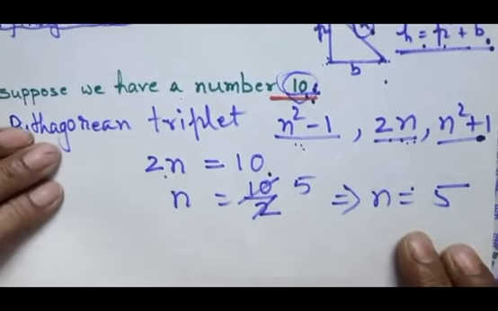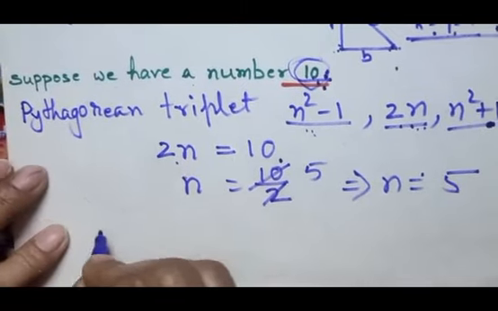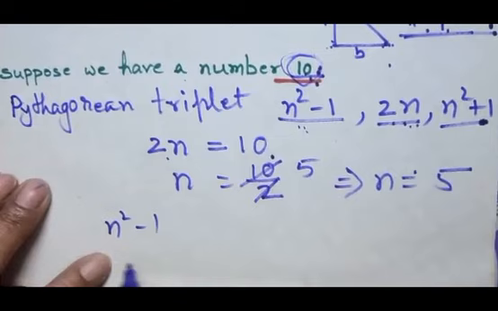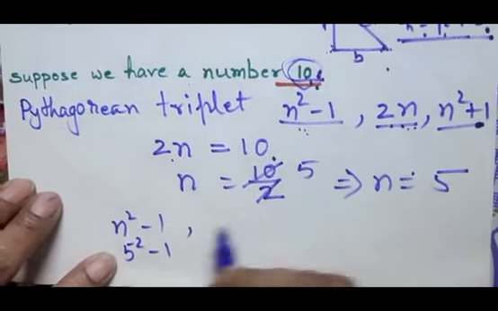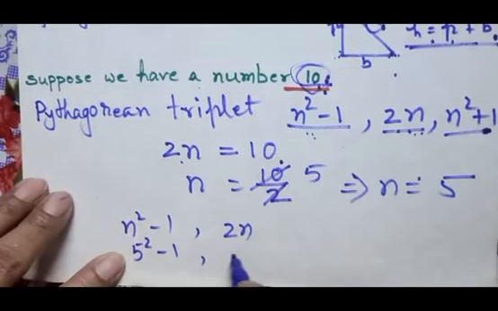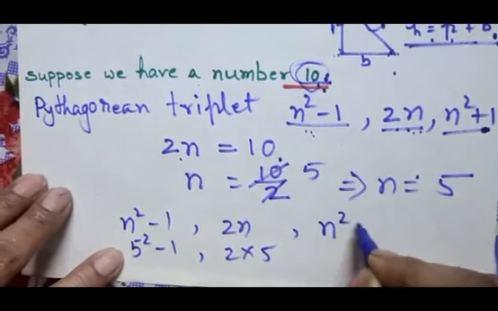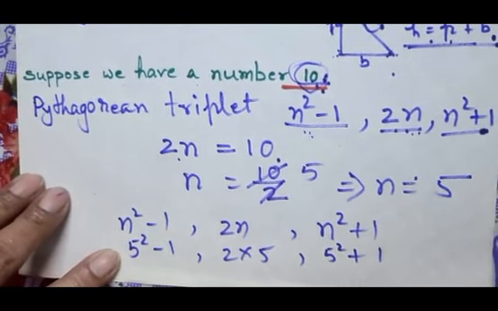When n equal to 5, then the Pythagorean triplet is n square minus 1, that is 5 square minus 1. The next term is 2n, that is 2 into 5. And the next term is n square plus 1, that is 5 square plus 1.